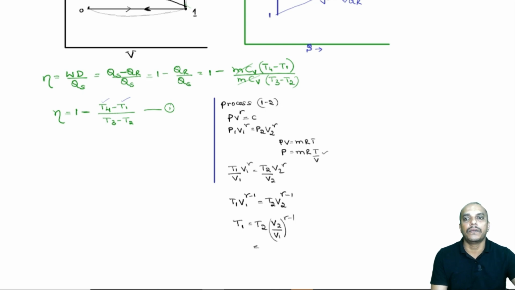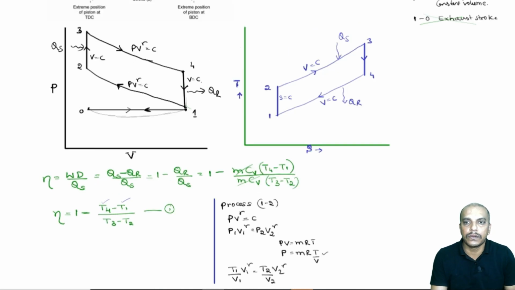Now what is this V2 by V1? Let us check. V2 is the clearance volume. V2 is equal to V3, the same, the clearance volume. Now V1 is actually the total volume, I mean clearance volume plus swept volume. Compression ratio is given by Vc plus Vs by Vc, which is nothing but V1 divided by V2.